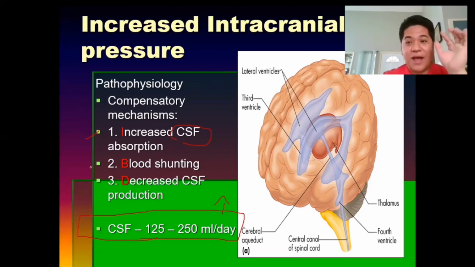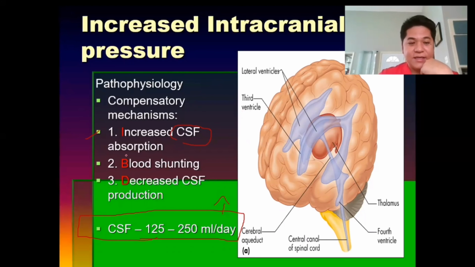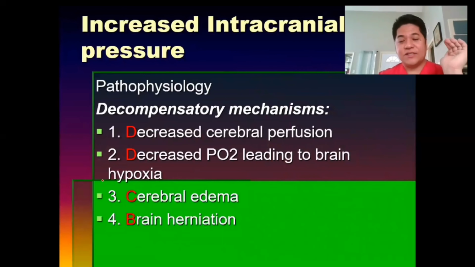Now, if there is increased blood supply, it would shunt to different areas and be utilized by the brain as well. And if there is too much production of the CSF, the ventricles will lead to decreased production of your CSF. That's normal. Okay, now, however, if there is an injury or something going on in the brain that is not associated with normal functions, this would happen.